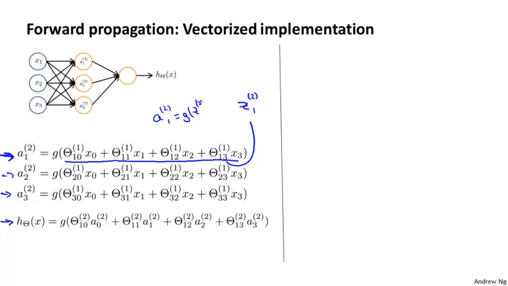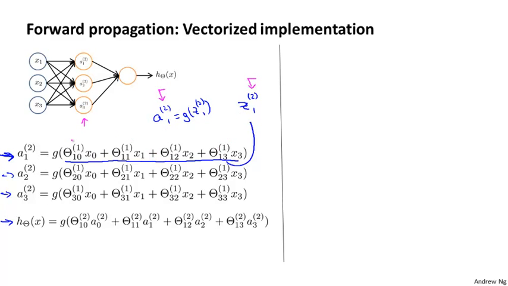And by the way, this superscript 2 in parentheses means that z2 and a2 are values associated with layer 2, that is, with the hidden layer in the neural network.